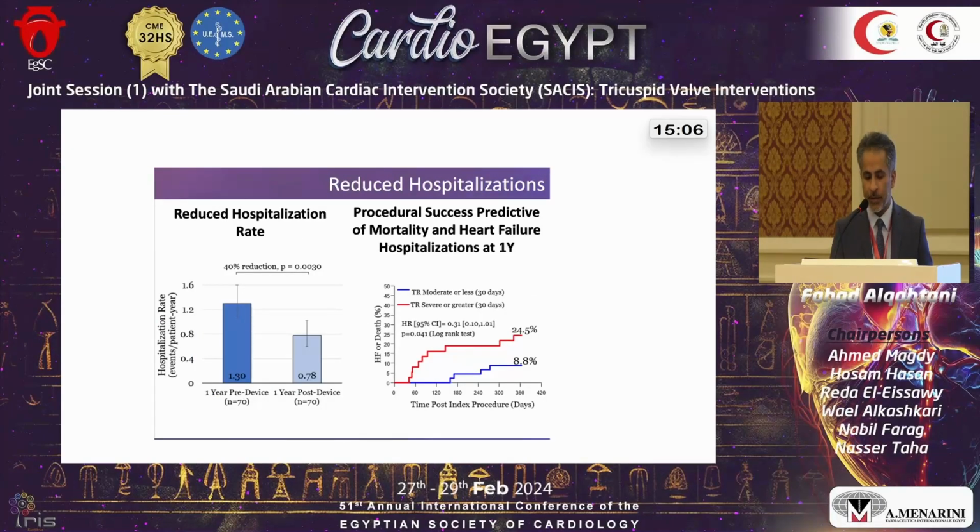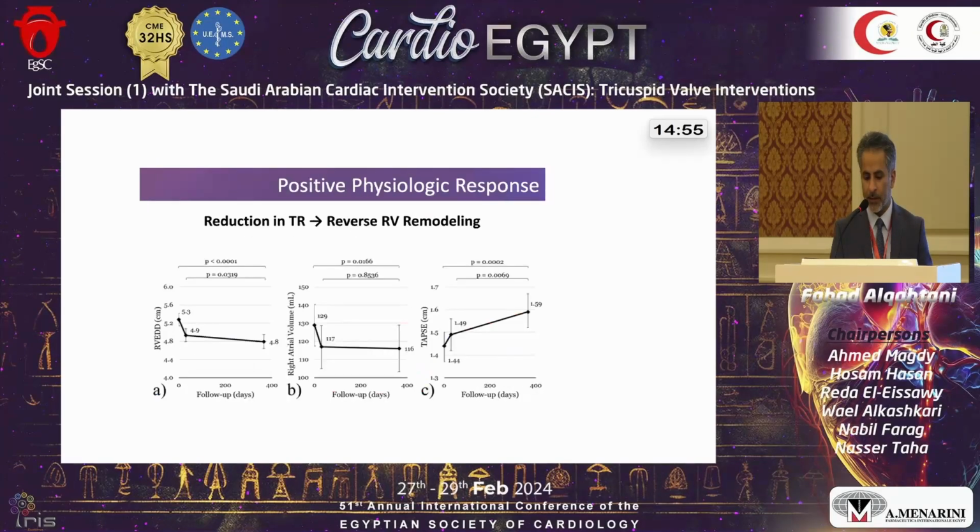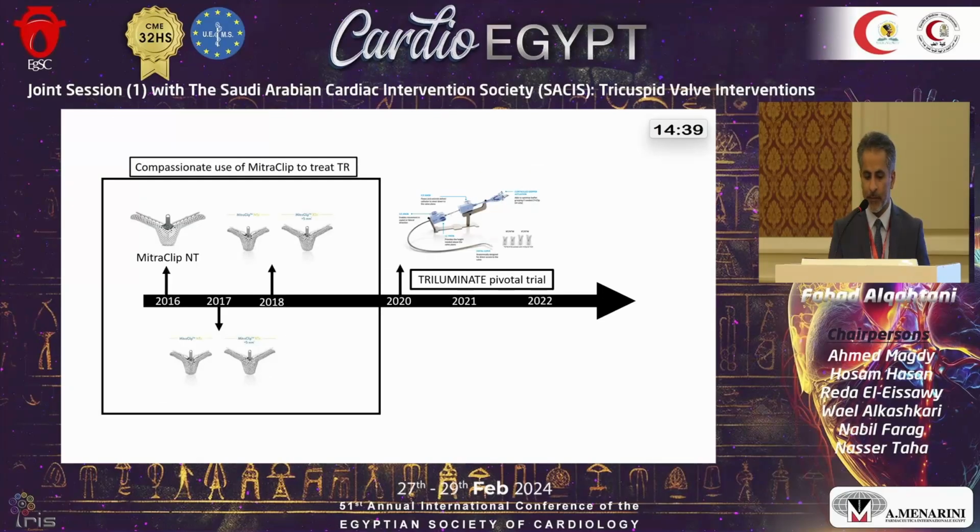This in turn makes hospitalization even less, and indirectly, procedural success predicts lower mortality and heart failure hospitalization at 1 year. The most striking result is the RV remodeling. Reduction in the TR causes reverse RV remodeling at 1 year. This can be explained by the right ventricular dimension, right atrial volume, and also by the TAPSE.